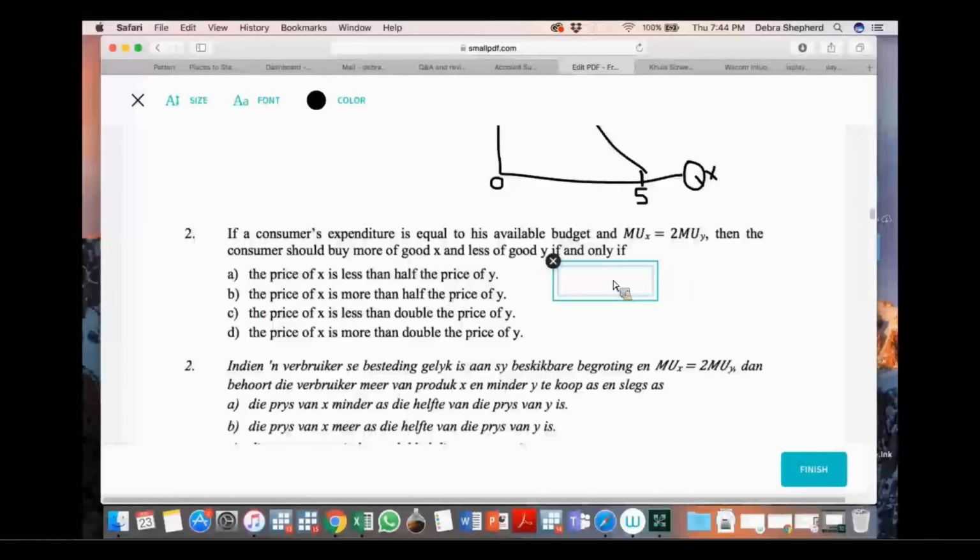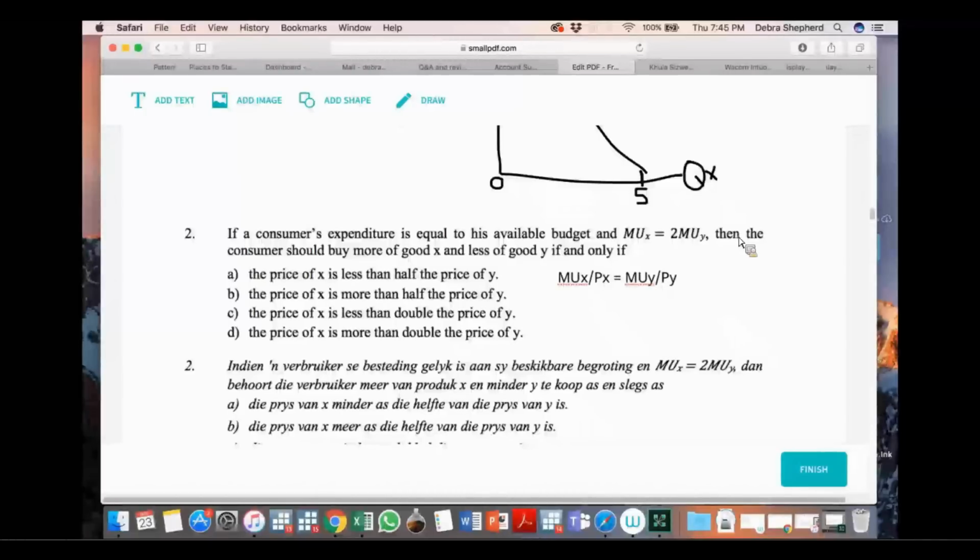And what you need to do is use your theory of consumer equilibrium. So what we know about consumer equilibrium is that the marginal utility of X divided by the price of X should be equal to the marginal utility of Y divided by the price of Y. Okay, so this we know.